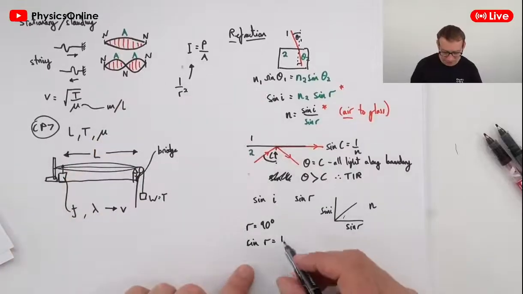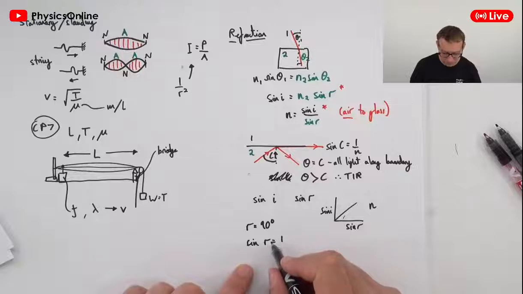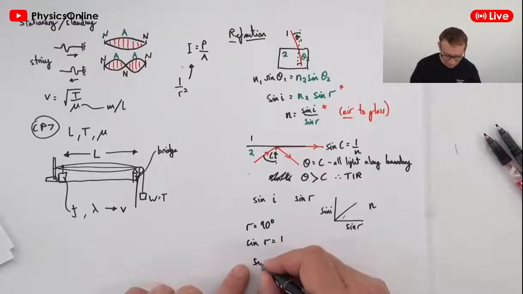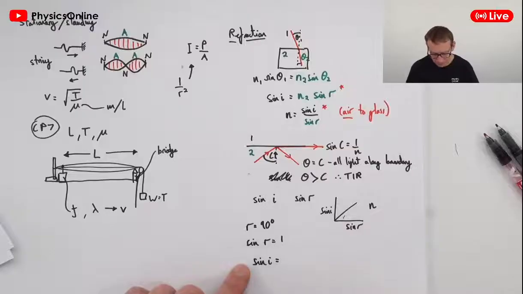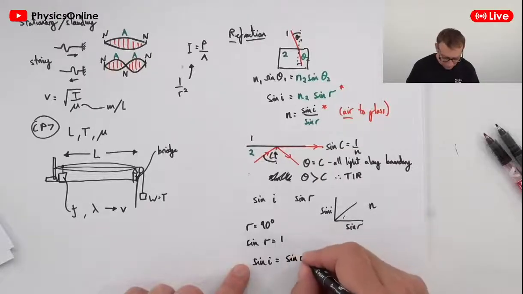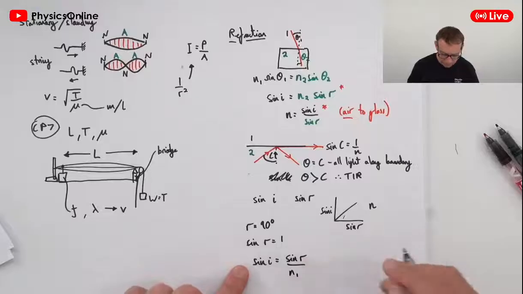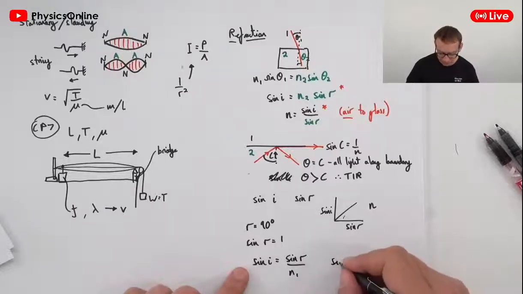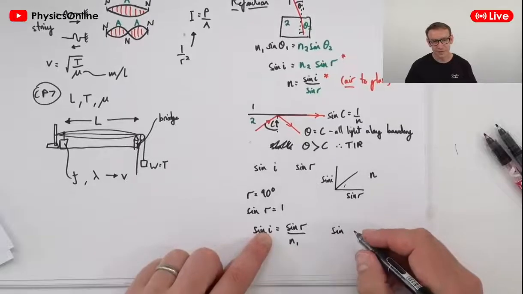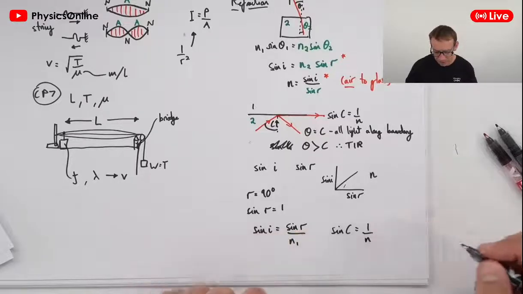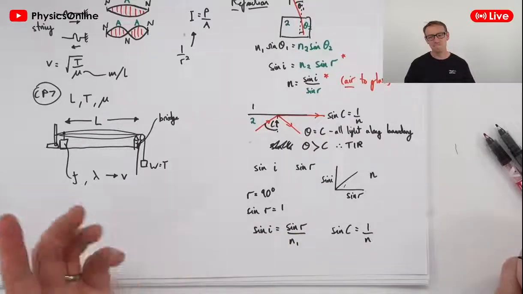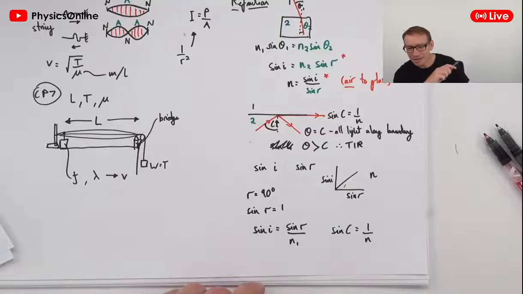So sine I is equal to sine R over n1, and sine R is going to be 1, so sine I, the angle of incidence, is going to be equal to the critical angle, which is equal to 1 over n. Does that make sense? Hopefully.